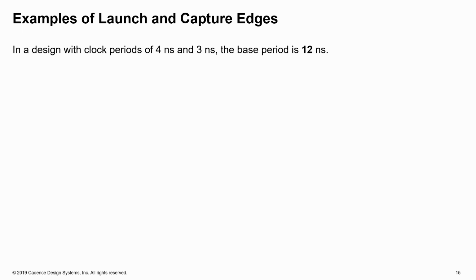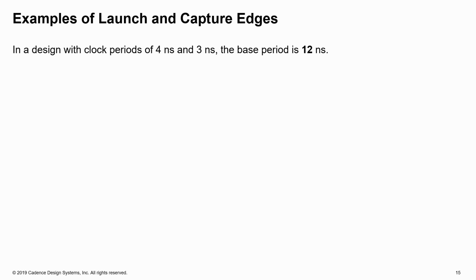You can look for the same thing at 6 and 9 as the rising capture. There are only a certain number of falling edges for clock 2: one at 2, one at 6, and one at 10.